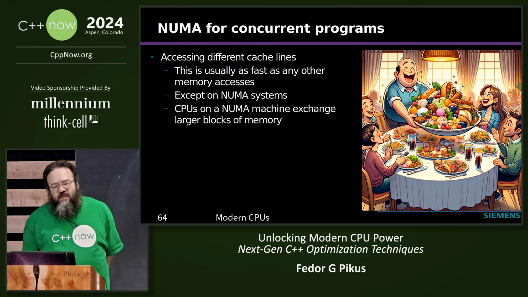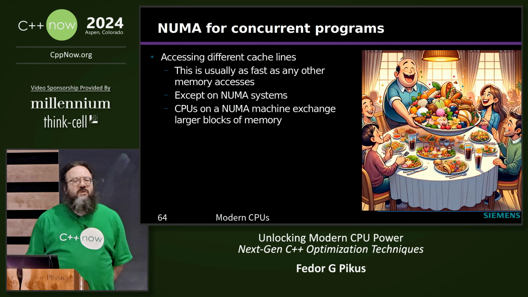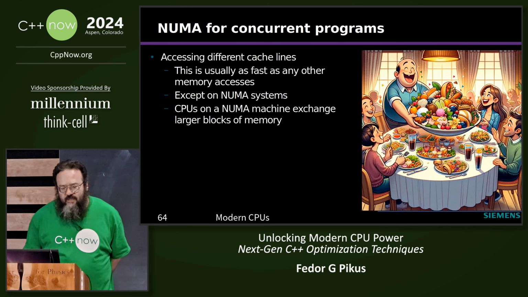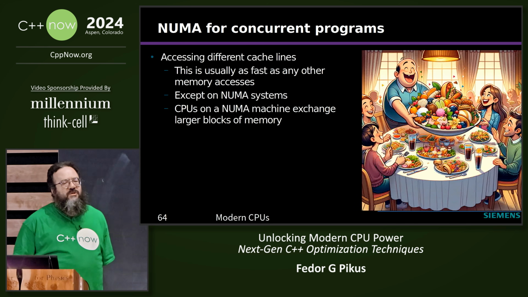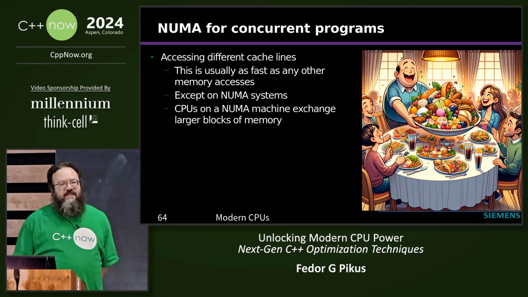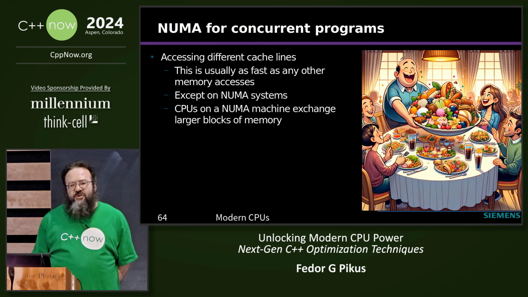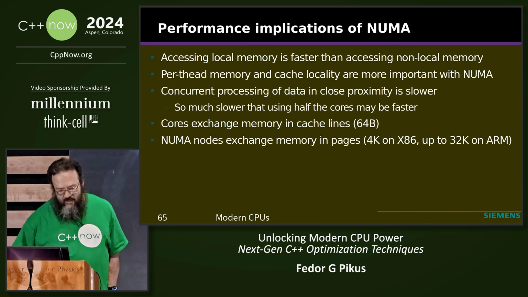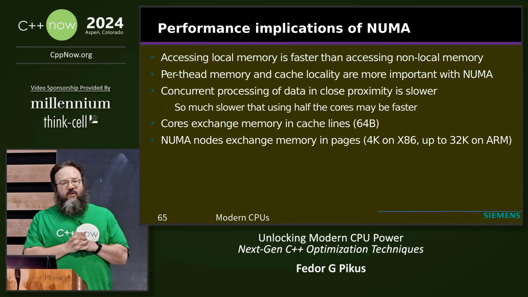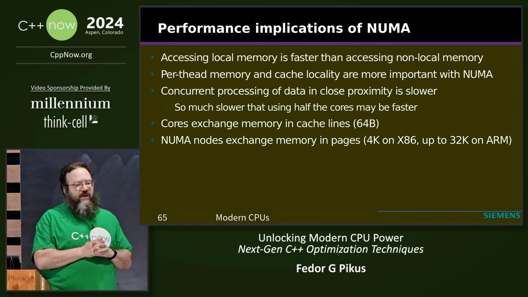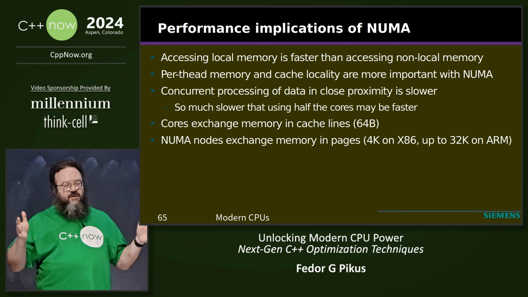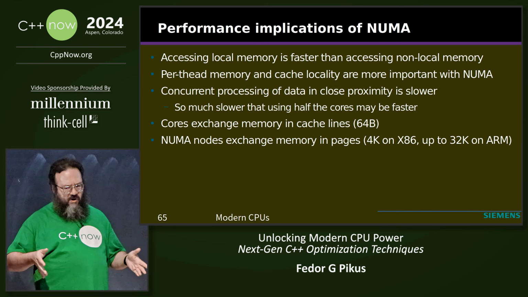Okay, so what's going on here? Everything you knew about accessing the same cache lines on NUMA systems applies to accessing the same much larger blocks of memory, usually pages. So what you knew about false sharing, like don't access the same cache line from multiple cores, because you get no benefit of data sharing and you pay the full price.